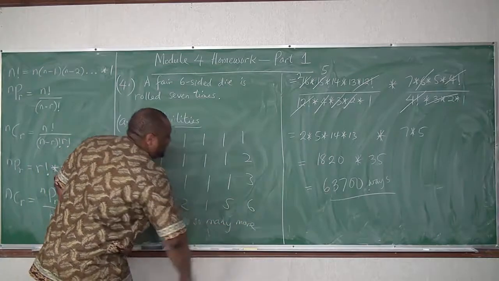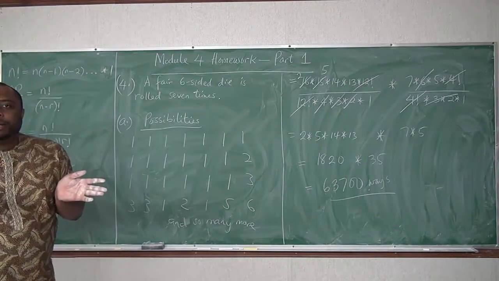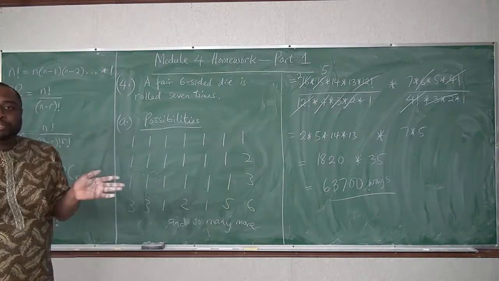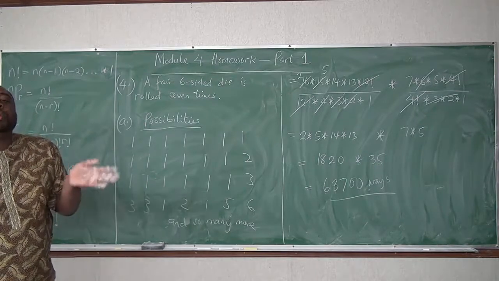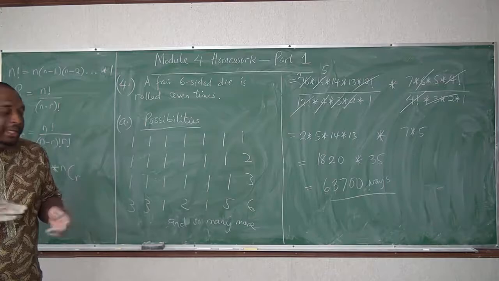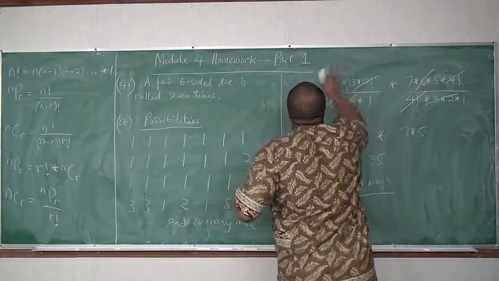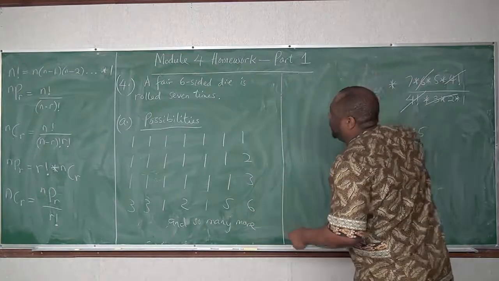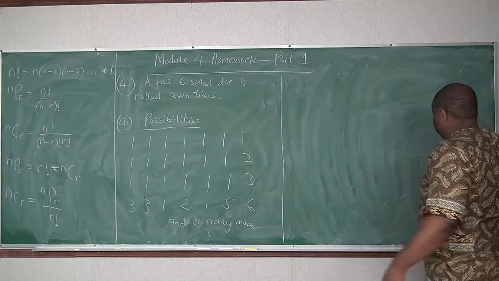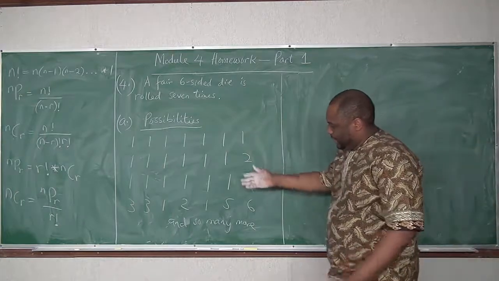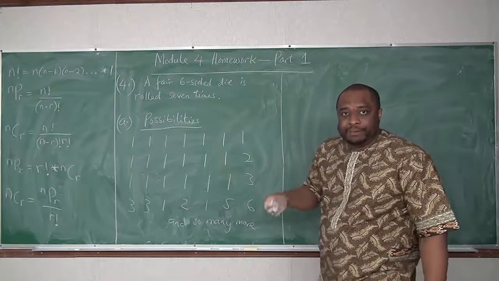Now, how do you find the whole sequences? You see, this is not a combination. This is ordered. For each one, it is ordered on what you could get. So this is permutation. These are a lot of the sequences you could get when you roll it.